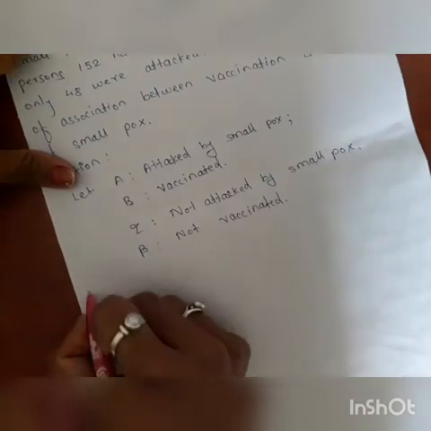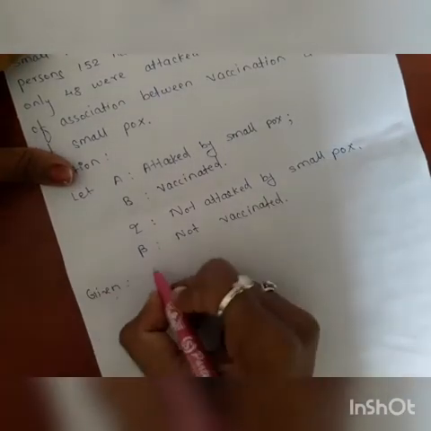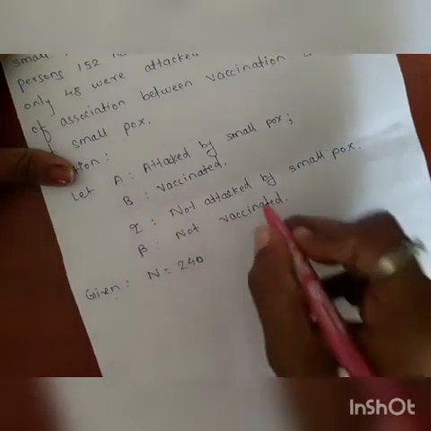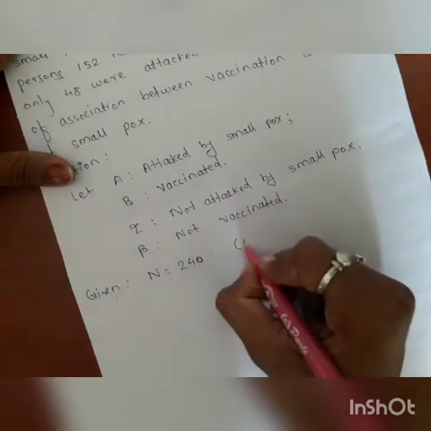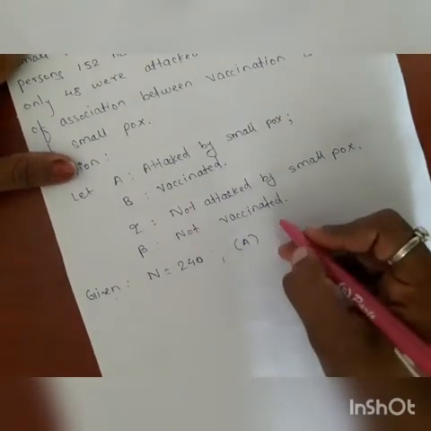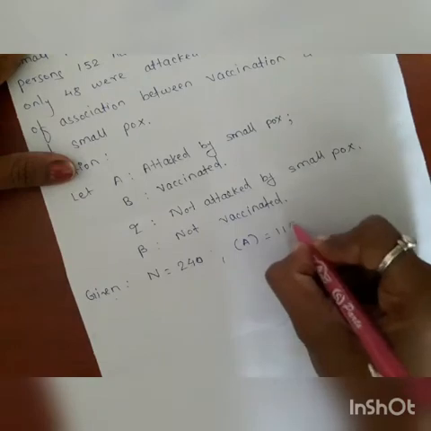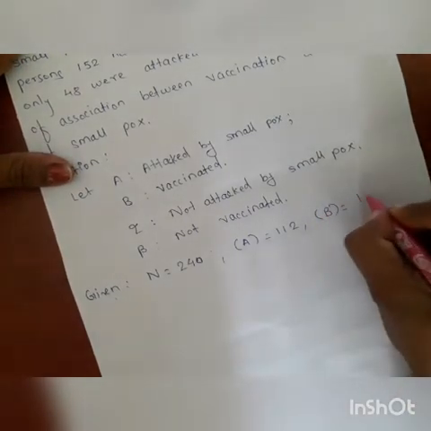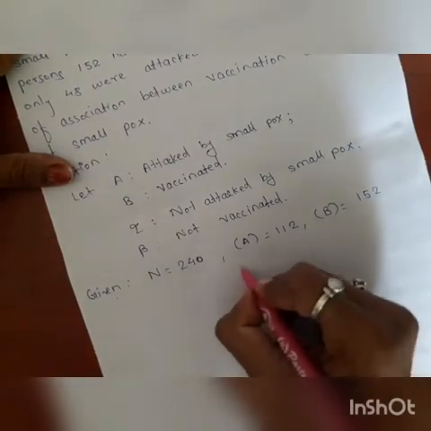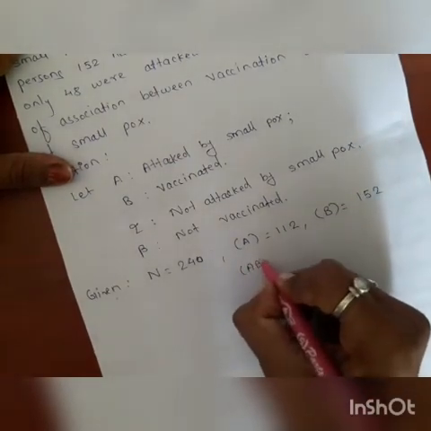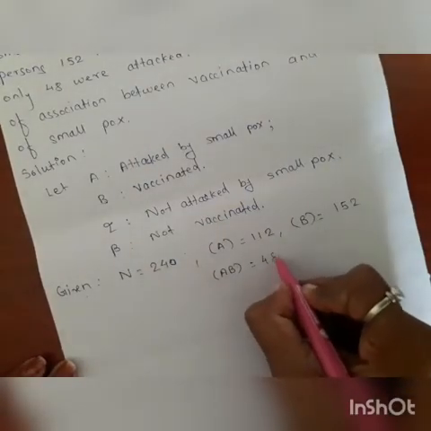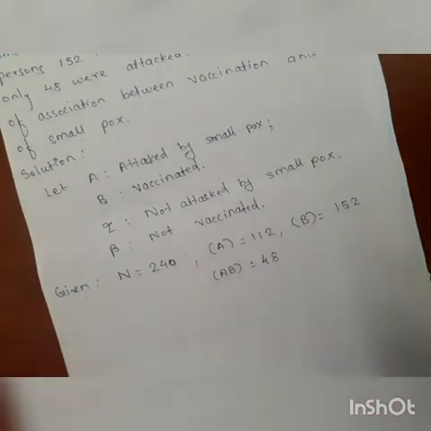Now write down the given values. Given: capital N is equal to 240 total persons, (A), attacked by smallpox, is equal to 112, (B), vaccinated, is 152, and (AB) is equal to 48.